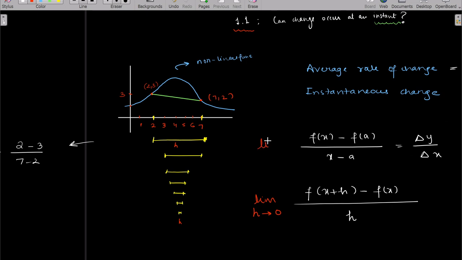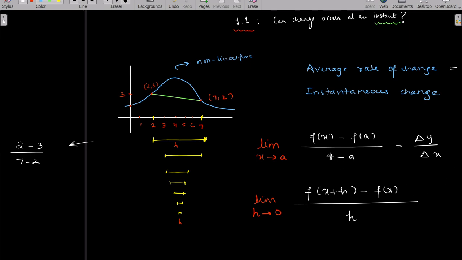And here, if I want to make this interval small, the two points x and a should be very close to each other. Like if one point is 2, then the other point will be 2.000000001.